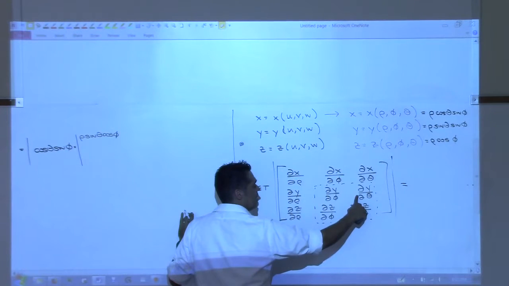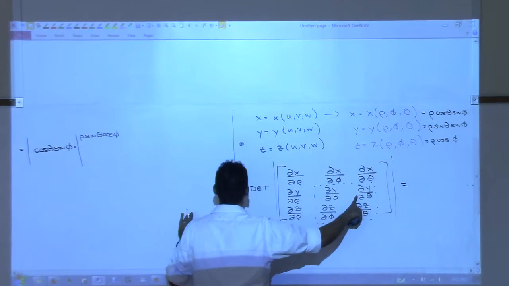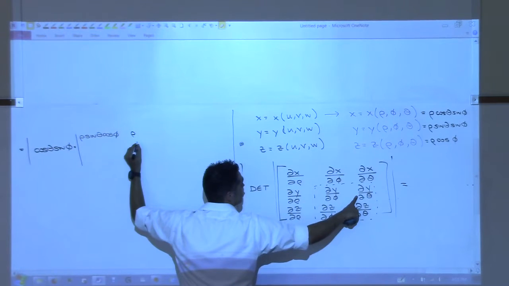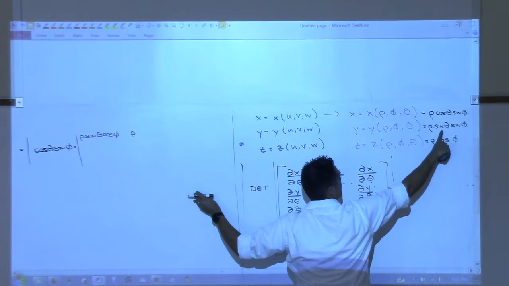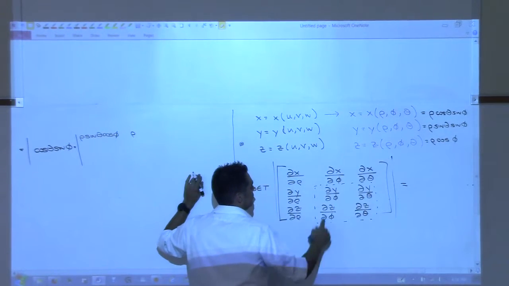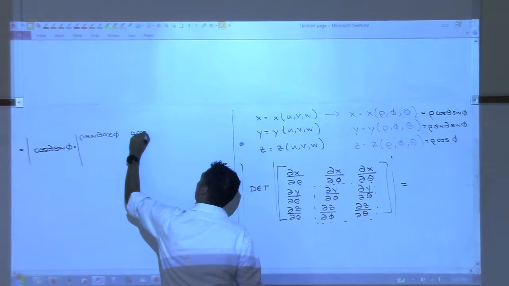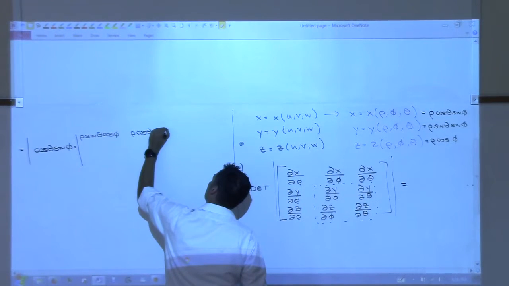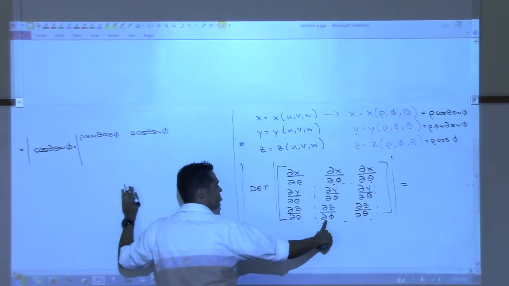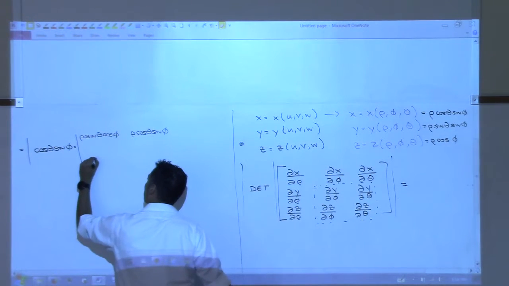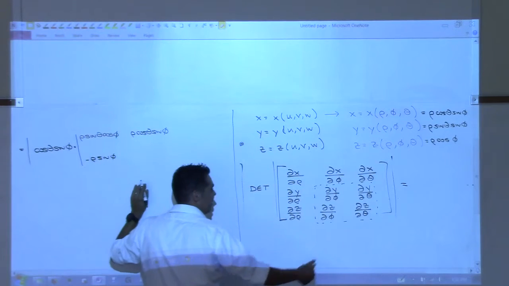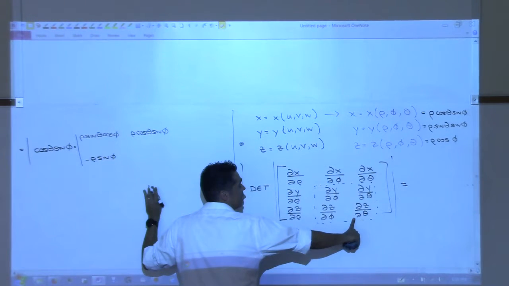And then this one over here, partial of y with respect to theta, which is rho cosine theta sine phi. Okay, and then I need this piece, partial of z with respect to phi, negative rho sine phi. And then this one, partial of z with respect to theta. There's no theta. 0.